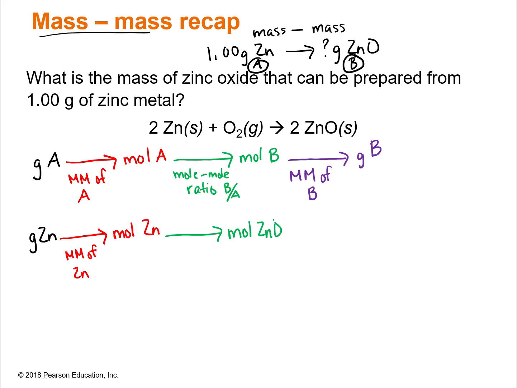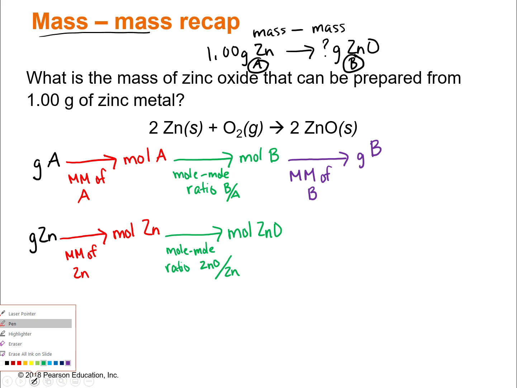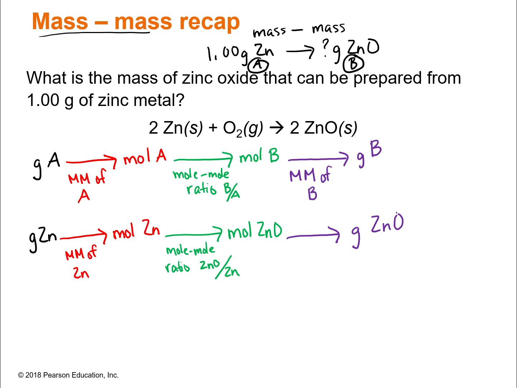Then we go from moles of zinc to moles of zinc oxide. And we need a ratio for that. So that B over A is zinc oxide over zinc. Then we take those moles of zinc oxide and using the molar mass, convert to grams.